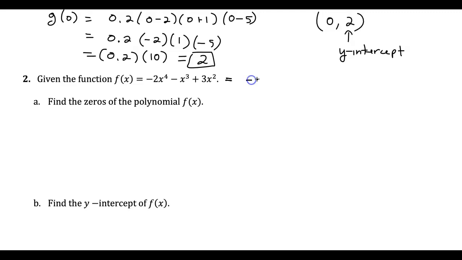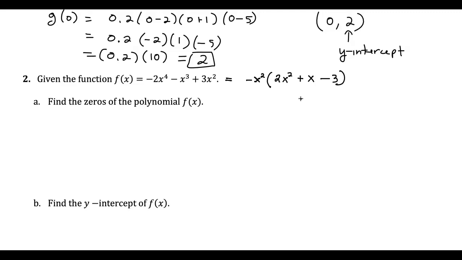So I'll take out a negative x squared, and I'll be left with a positive 2x squared, a positive x, and a minus 3, right?